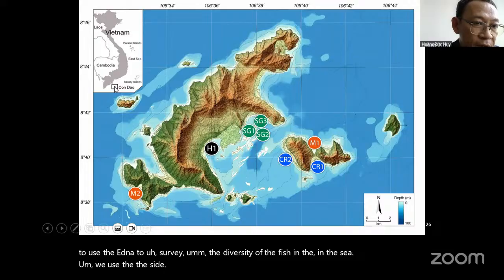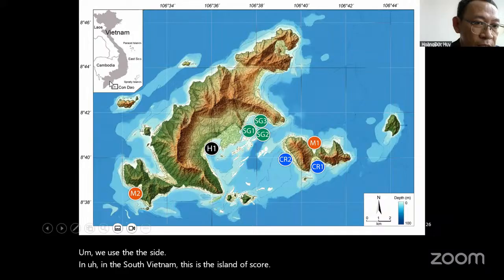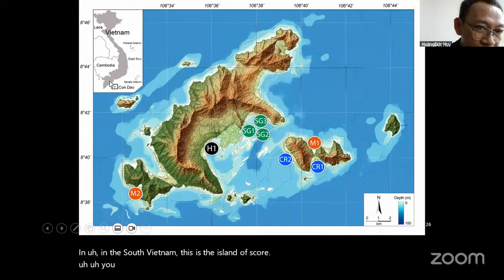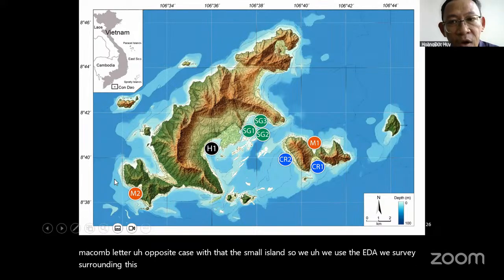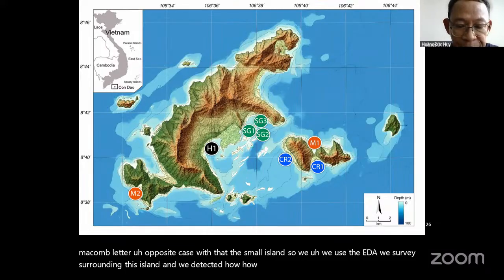This is the island, as you can see from the Mekong Delta; opposite it there is a small island. So we use eDNA to survey the surroundings of this island, and we detected how diverse the marine fish are here.